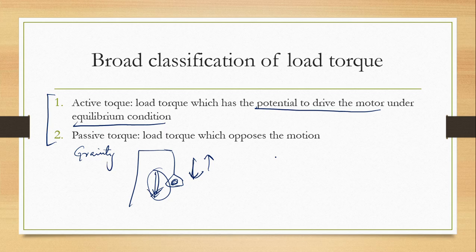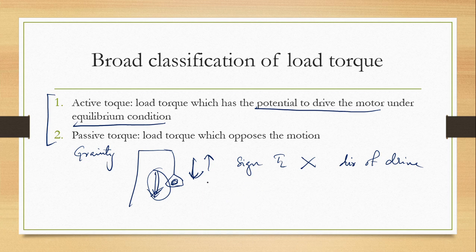So the sign of this load torque does not change with the direction of the drive. It has the potential to drive the motor under equilibrium condition. So that is the active torque.